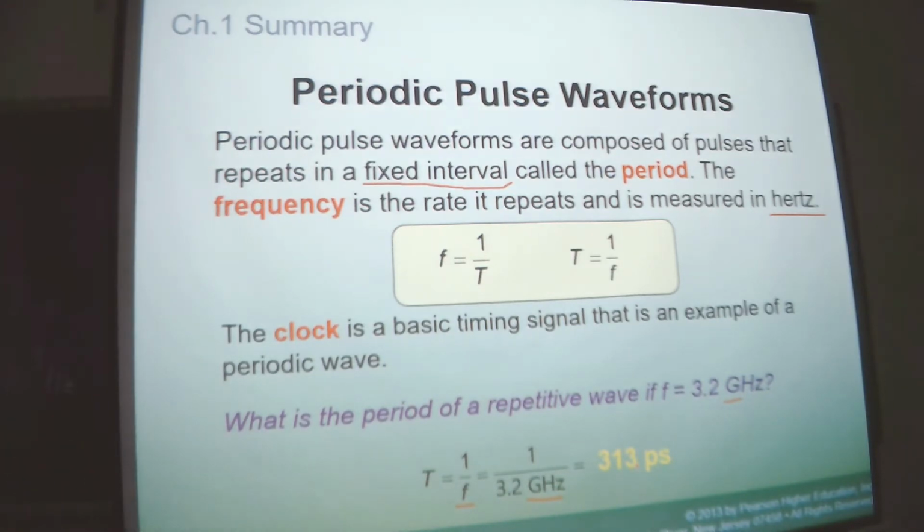This is picosecond. Pico. 1 ps equals 10 to the power minus 12 seconds.